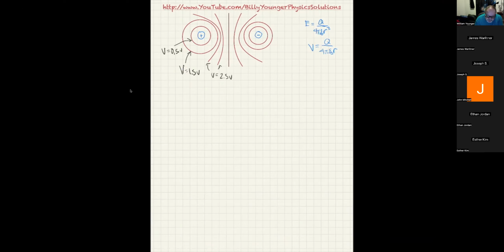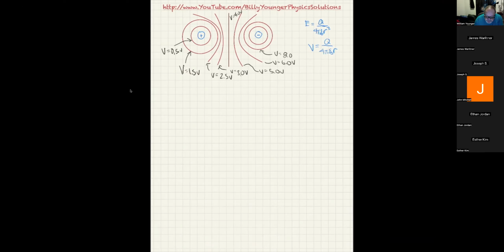And this one would be V equals 3 volts. This one could be V equals 4.0 volts. Then this guy could be V equals 5.0 volts. This could be V equals 6.0 volts.